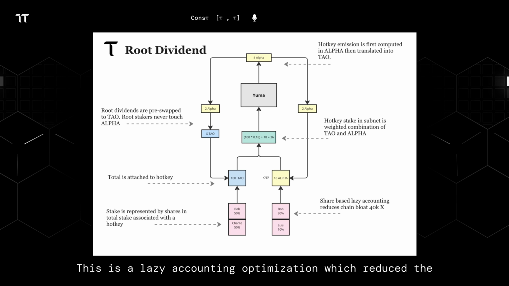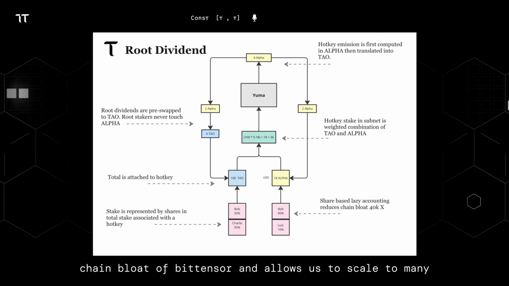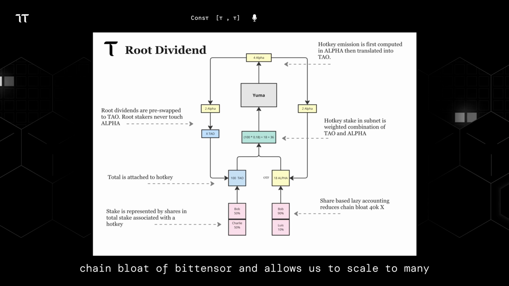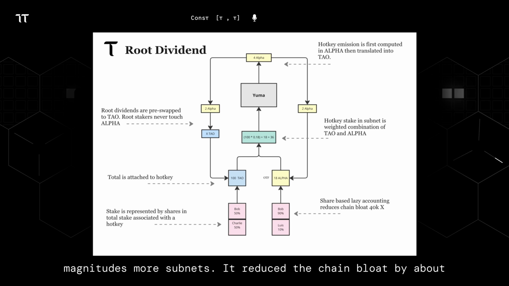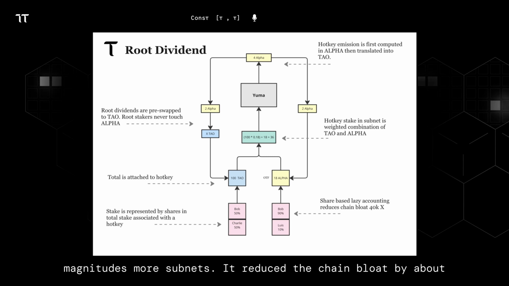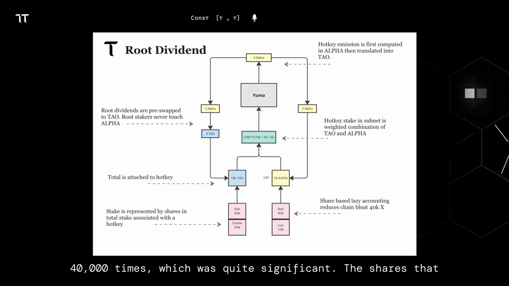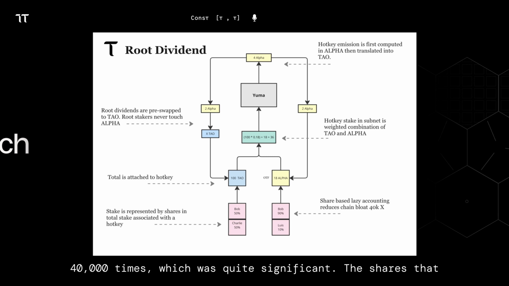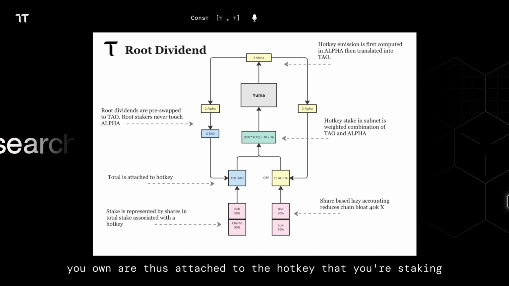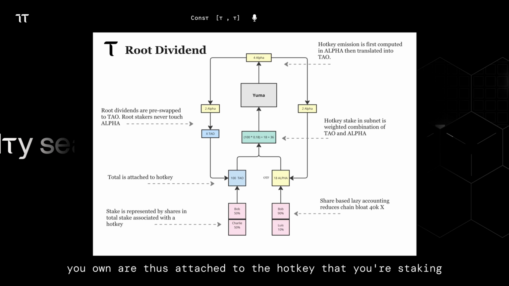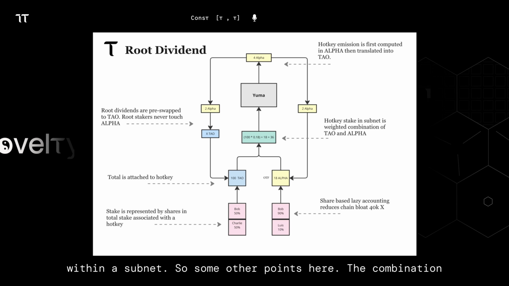This is a lazy accounting optimization which reduced the chain bloat of Bittensor and allows us to scale to many magnitudes more subnets. It reduced the chain bloat by about 40,000 times, which was quite significant. The shares that you own are thus attached to the hotkey that you're staking within a subnet.